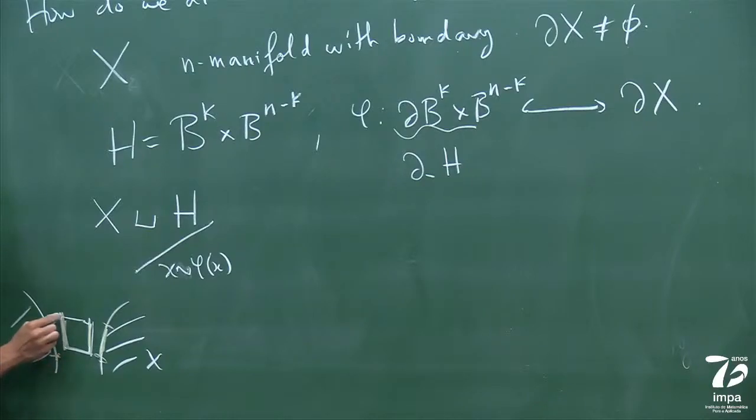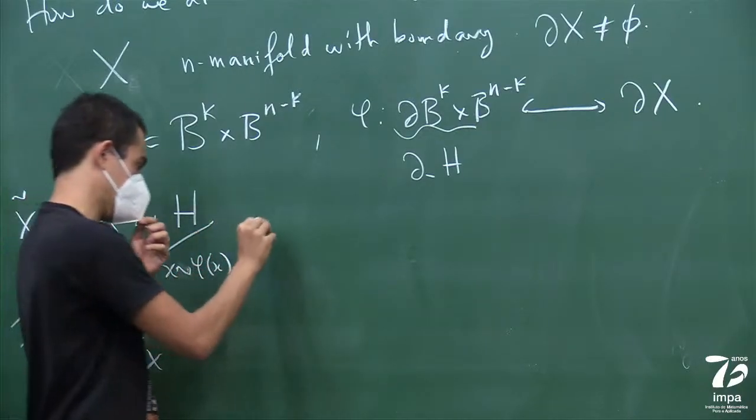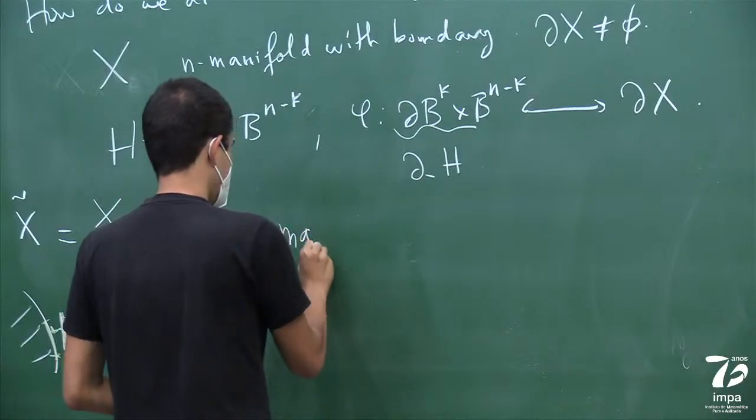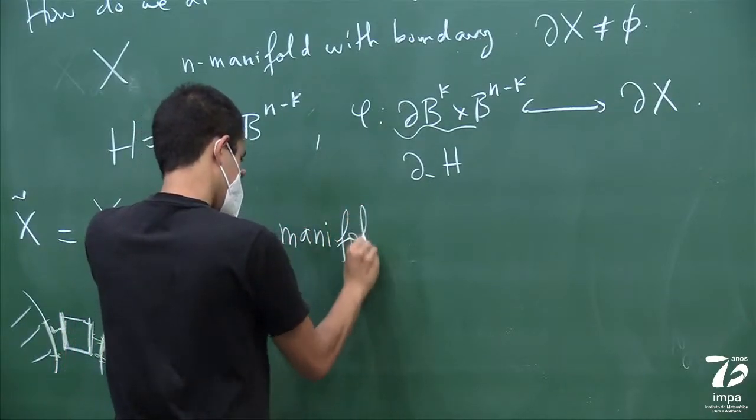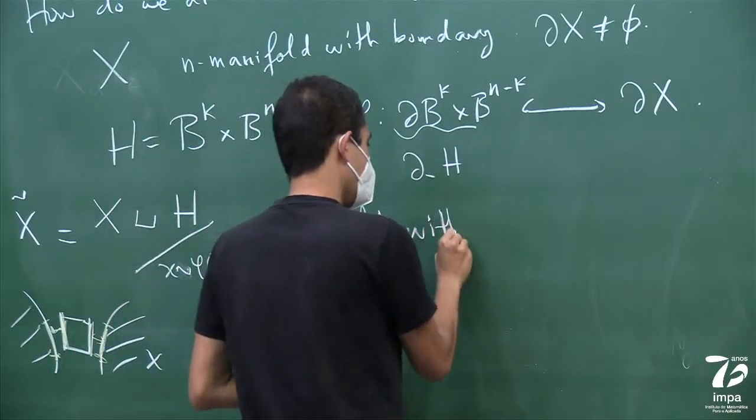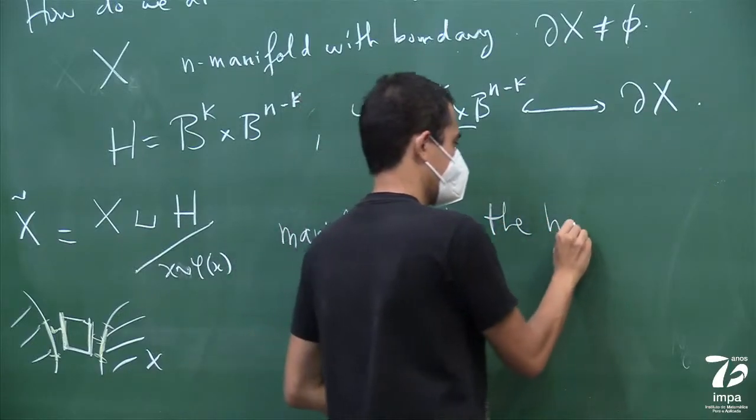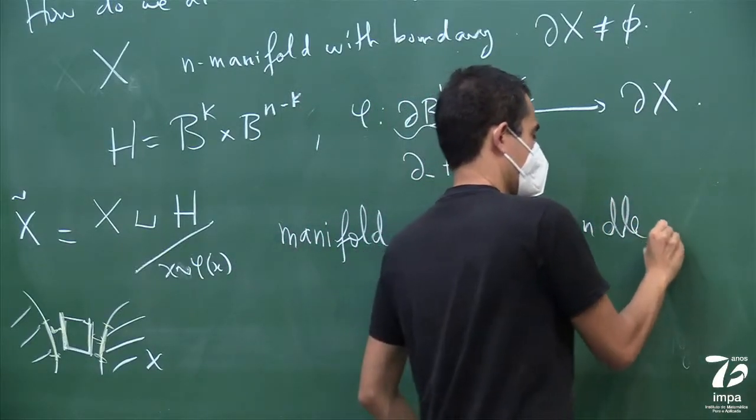So here's my embedding. And then I collapse by this map, so I glue. And that's it. So this is the manifold with the handle attached.